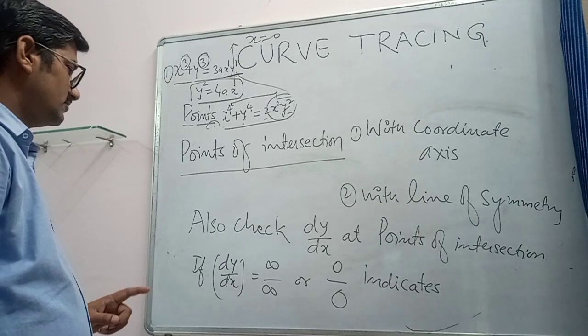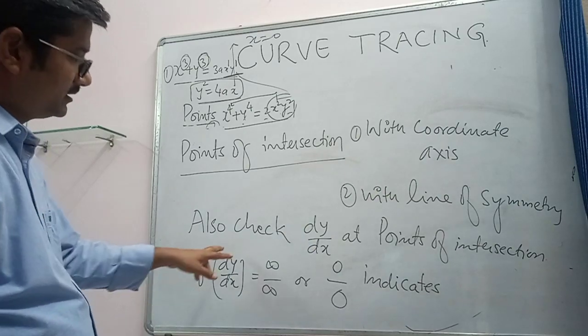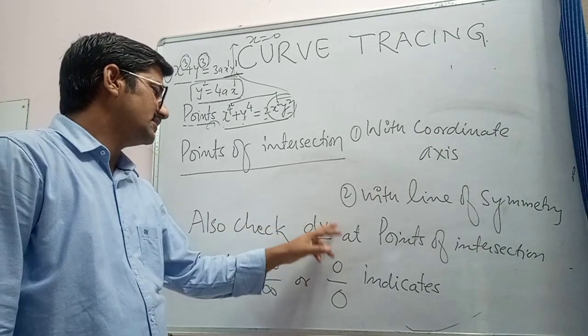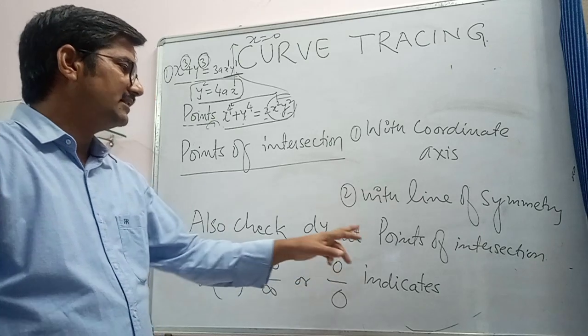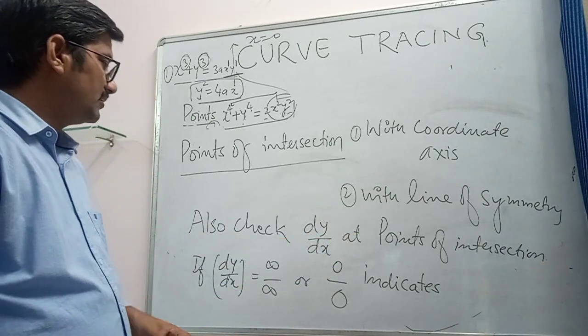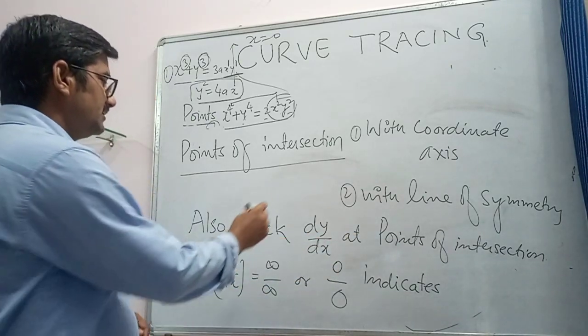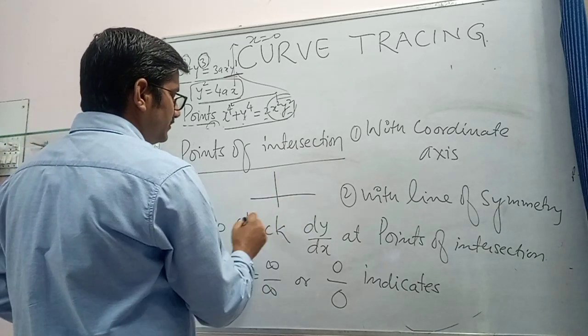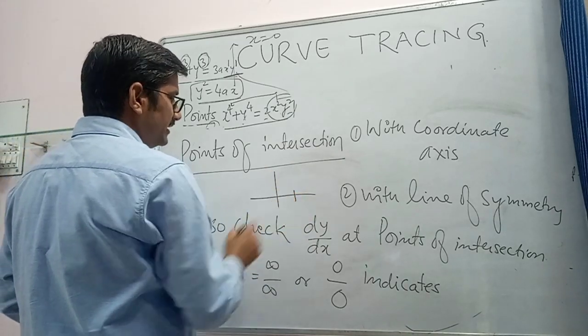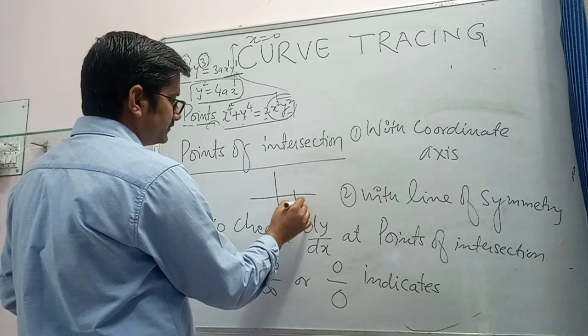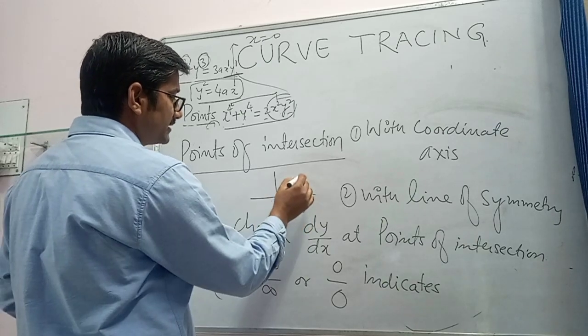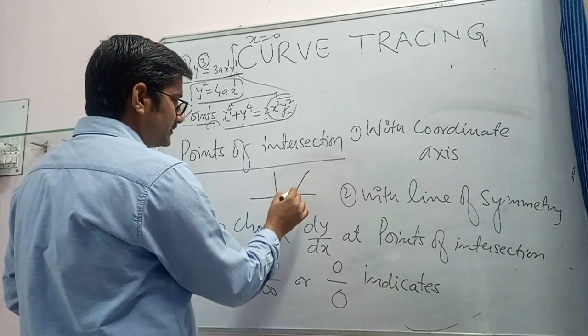We should also check the dy by dx, means the slope of the tangent at the point of intersection. Why do we check the slope of the tangent? Because suppose the point of intersection with the coordinate axis is this one, say a, 0, and dy by dx at this point comes 1.